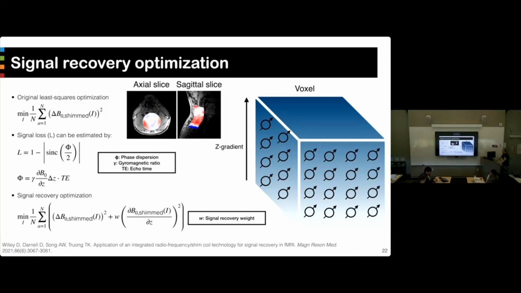Using a proxy to this signal loss term, which is the gradient in Z, we can add a penalty term in the optimization that we can scale with a hyperparameter, which we call W. If you put W as 0, then you're back to your normal optimization. But if you increase this W parameter, then you're going to penalize signal loss, so your signal dephasing across your slice.